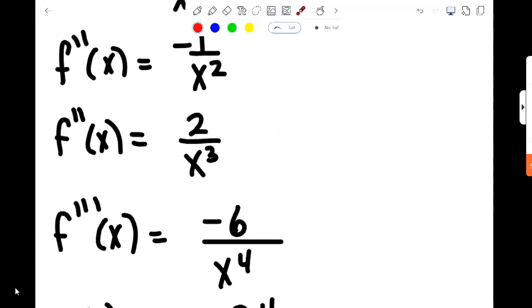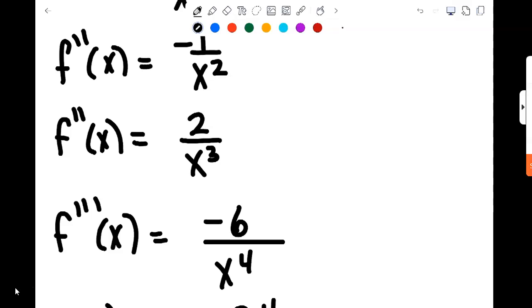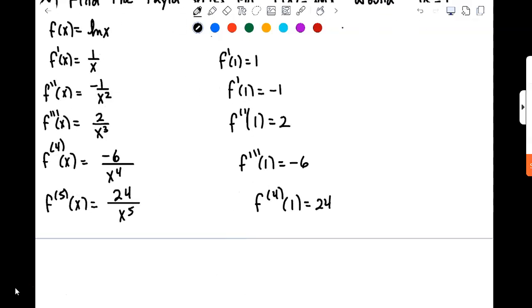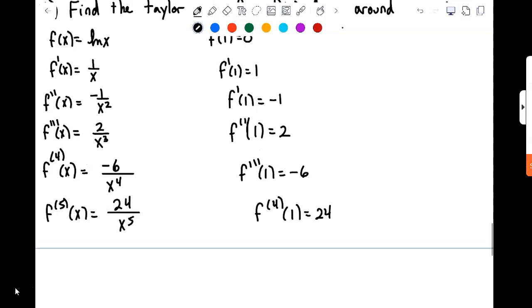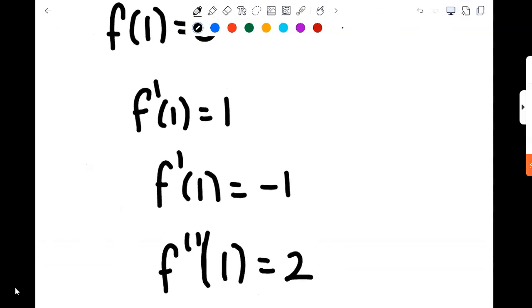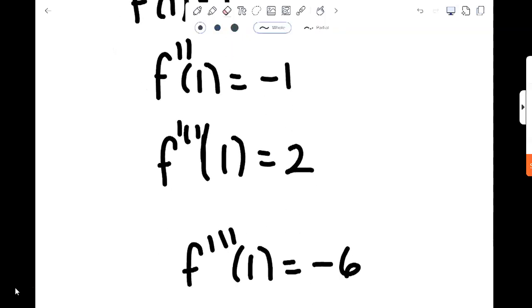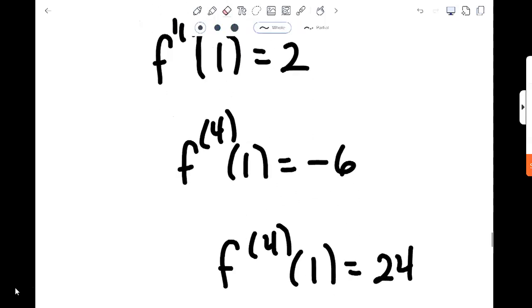Okay, I spotted a little place where I made a mistake here. That is actually the third derivative. This is the fourth derivative. So therefore we're on our fifth derivative there. So a little bit of a mistake there. I lost one of my primes and kind of messed things up. I apologize there, but I'm glad I was able to catch it, because that makes a big difference.